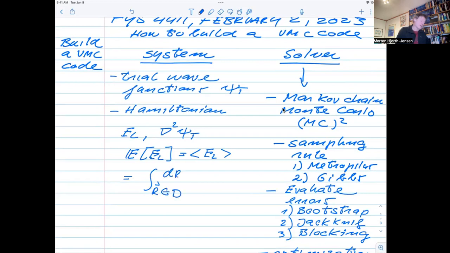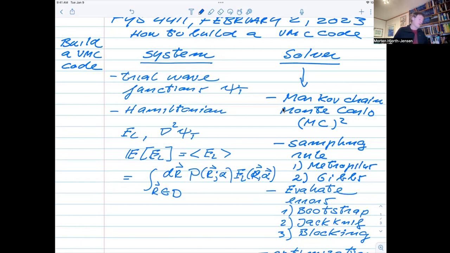We have a multidimensional integral. We have a probability distribution, which depends on R and the variational parameters, and then multiplied with this local energy, which depends on R and these variational parameters. And this is the quantity which we typically want to estimate.